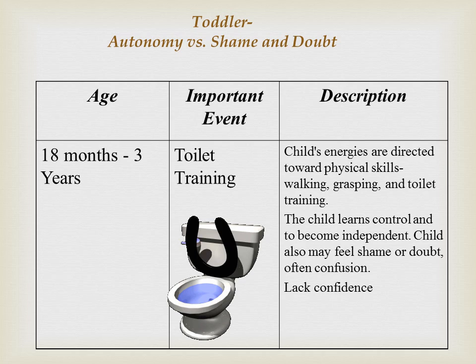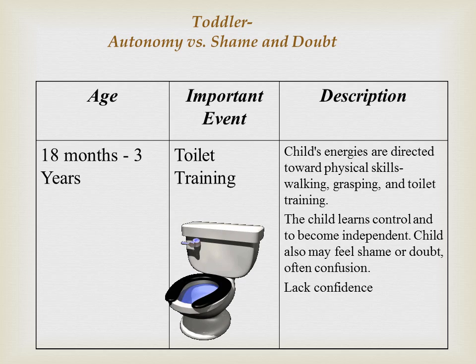Autonomy: you're giving them an opportunity to walk around, you're assisting them, you're telling them great job, you're providing them with a lot of opportunities to learn how to mobilize by themselves, crawling by themselves, potty training by themselves, and you're being very positive.